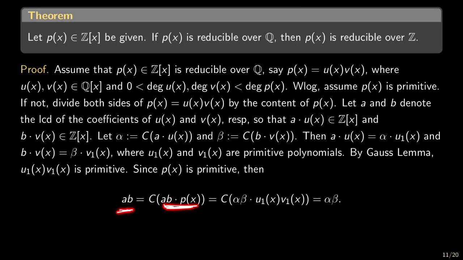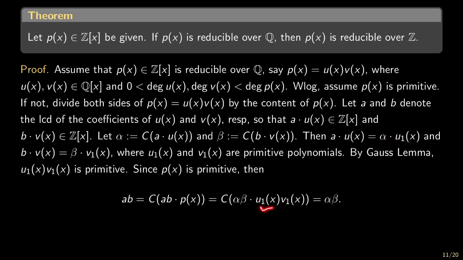Now, what is p of x then? Well, when you look at these equations, this equation and this equation, you multiply the left-hand side, you multiply the right-hand side, you get that ab times p of x equals alpha beta times u1 times p1, like so.